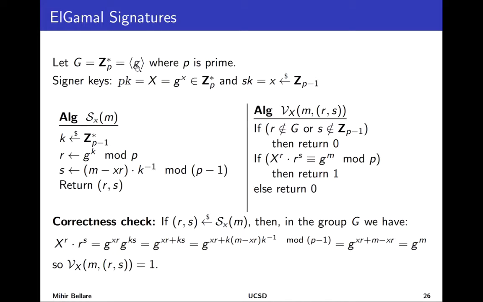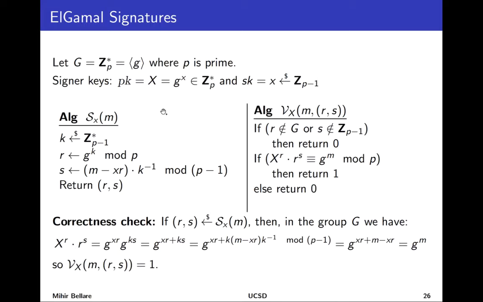Let G be a generator of that group. And as with most discrete log-based systems, the public key is a group element of the form G to the little x, where little x is the secret key, and that secret key was a random exponent. So it's drawn at random from the space of all possible exponents.